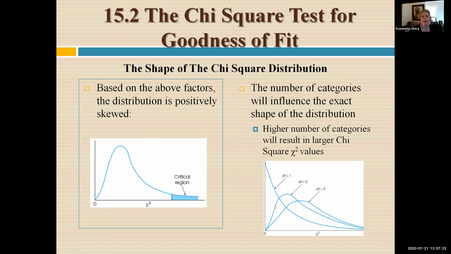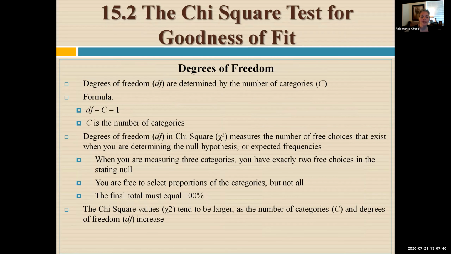You're going to have bigger chi-square values for bigger degrees of freedom. So larger samples will sometimes be associated with huge chi-squares. We typically don't see z-scores that are 40, but it wouldn't be uncommon to see a chi-square that large, okay?